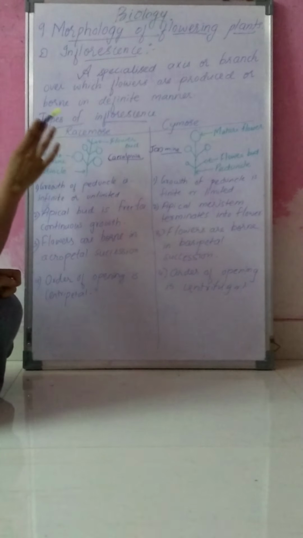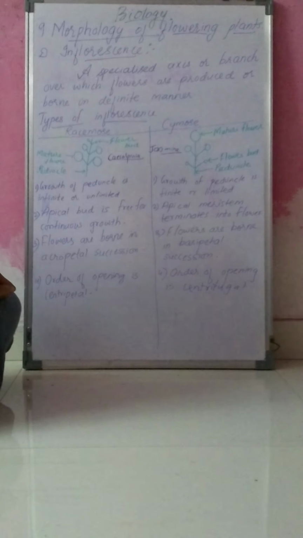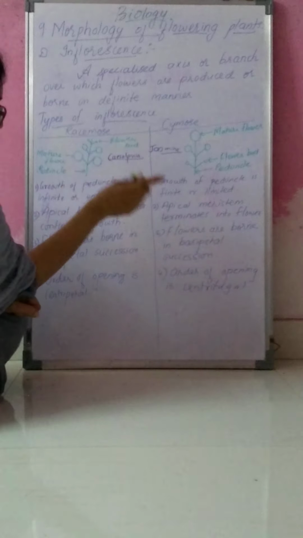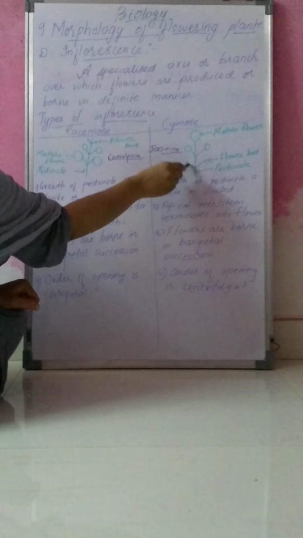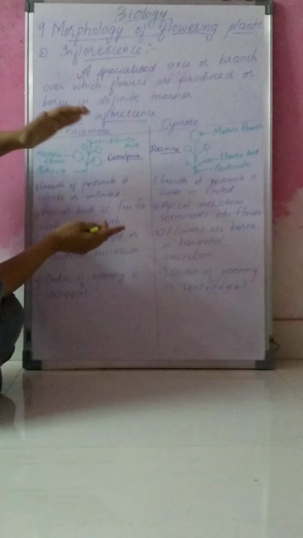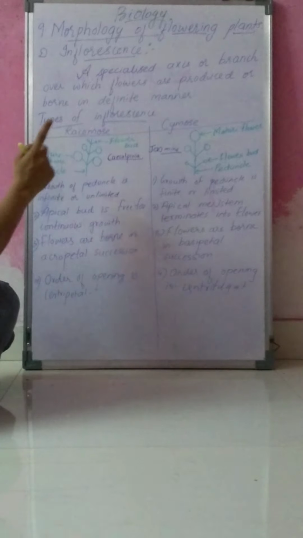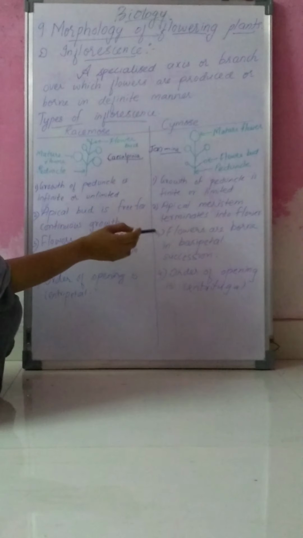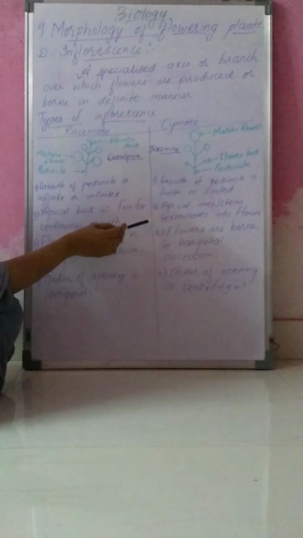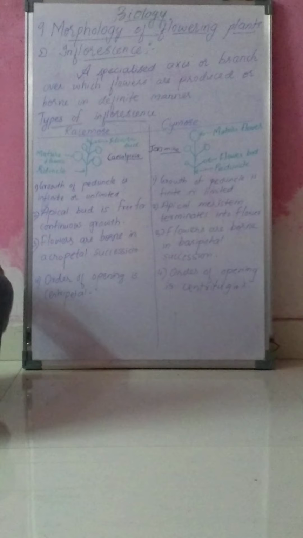As mature flower is present at the top, what you will find here? The young flowers, a young bud is present at the lower end. Here it is opposite to racemose. You can see in cymose inflorescence flowers are born in basipetal succession.